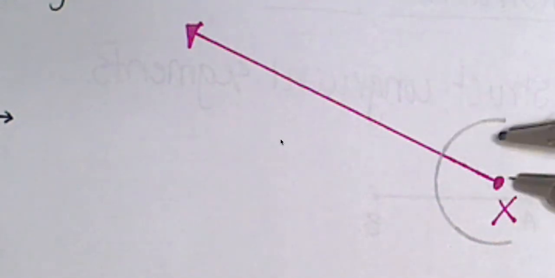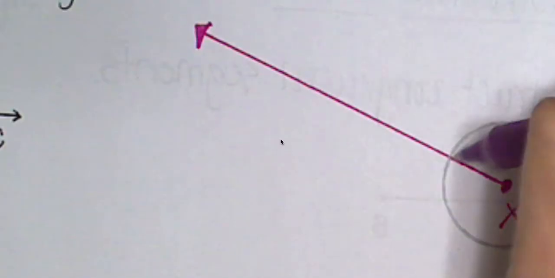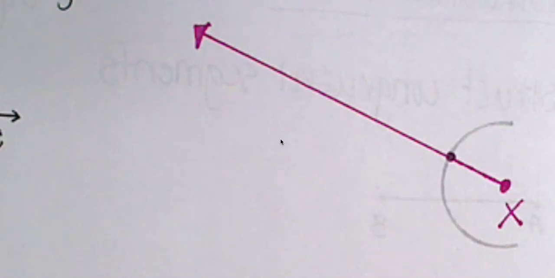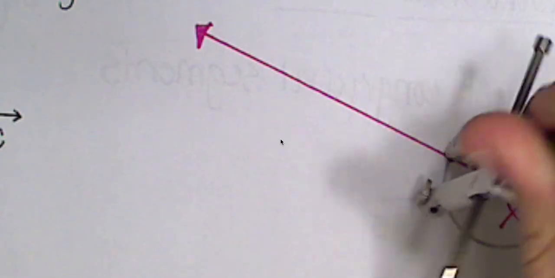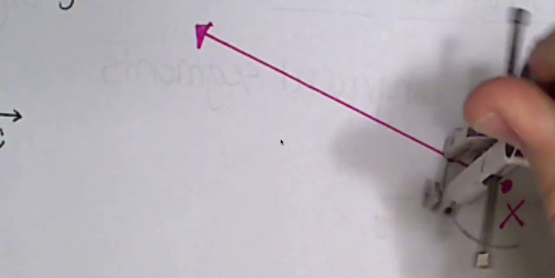I will start at the point here where my radius measure crossed the ray that I drew, and then I will be assured to make an arc where it connects.